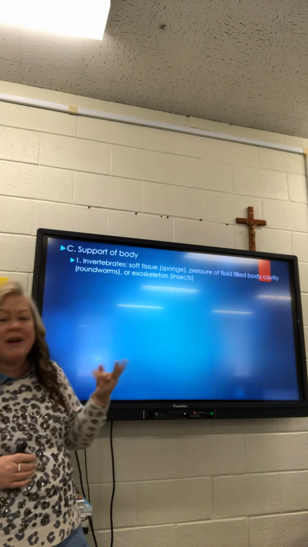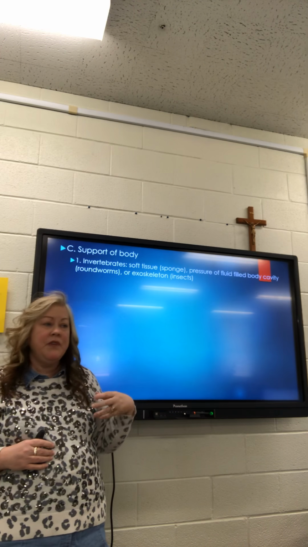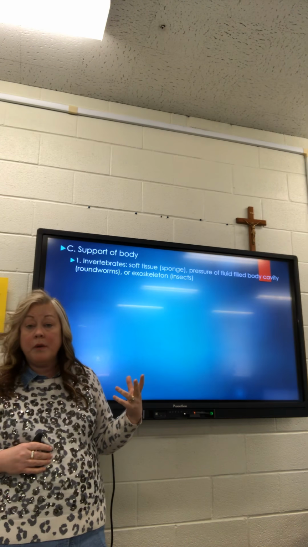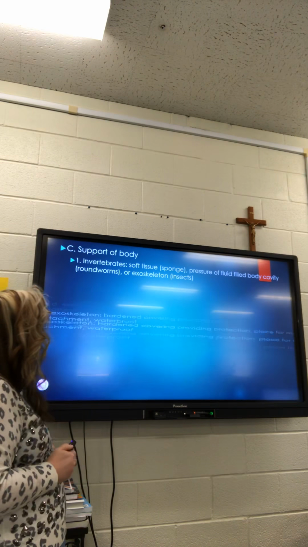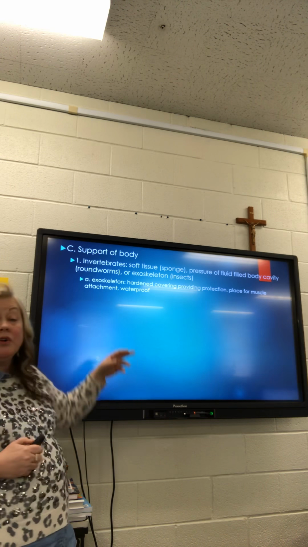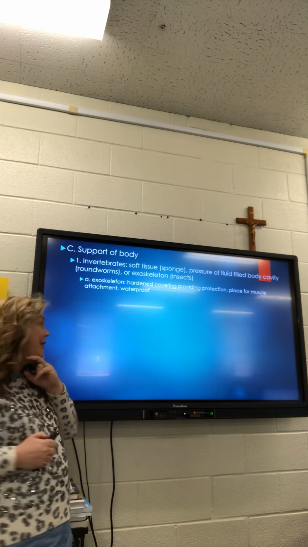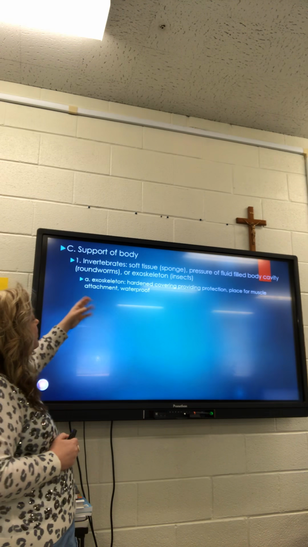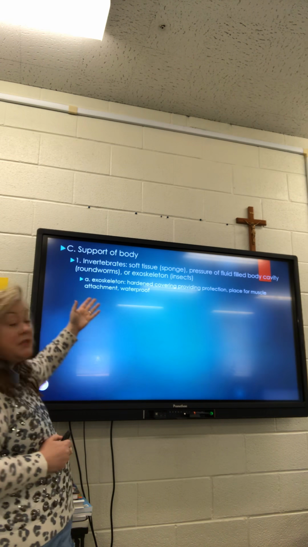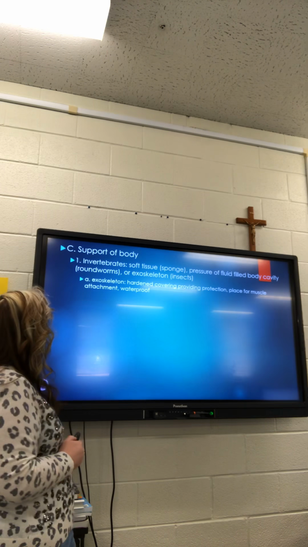That exoskeleton provides muscle attachment for the insect. It helps keep the animal waterproof as well. The exoskeleton is a hardened covering made of a material called chitin. You've heard that word before. It's a hardened covering providing protection, a place for muscles to attach, also helping to make the insect waterproof.